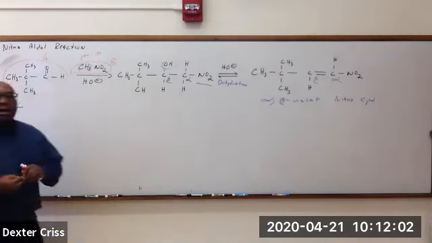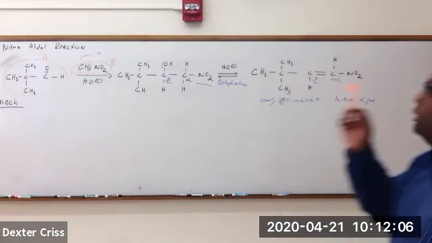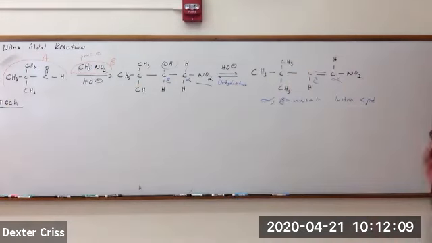The question I have for you to think about: which compound, A or B, will I use to form the enolate or the enolate-like intermediate? Which one will I use, A or B?